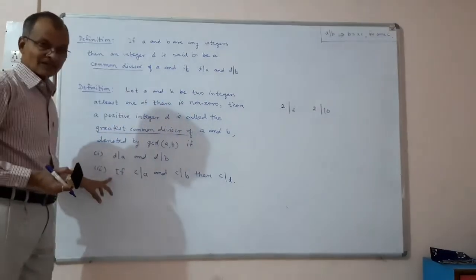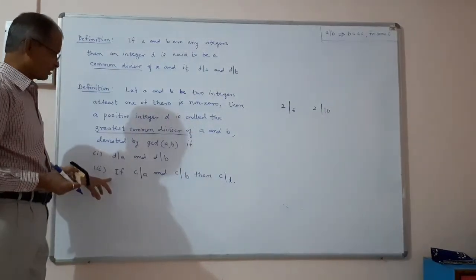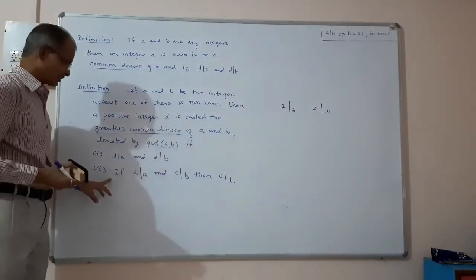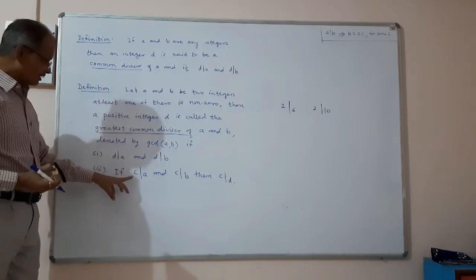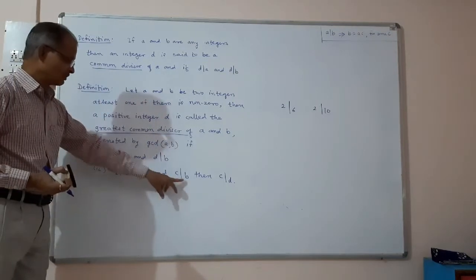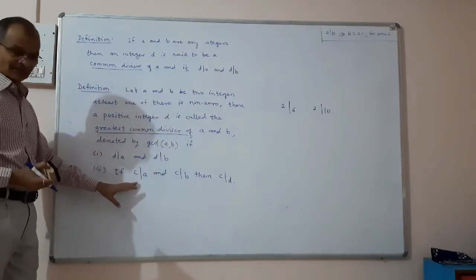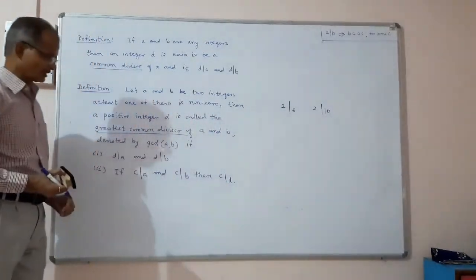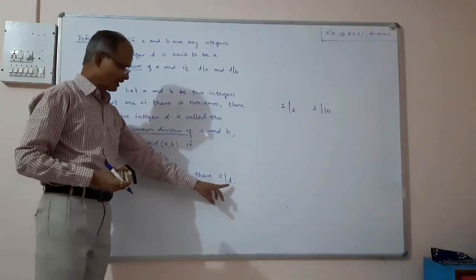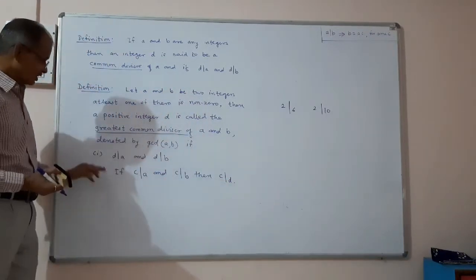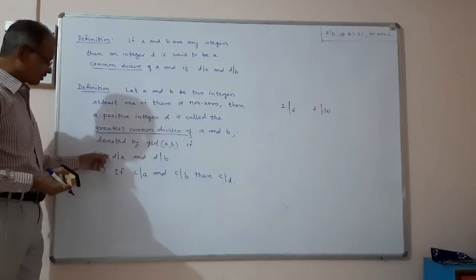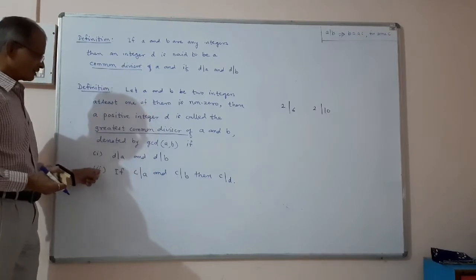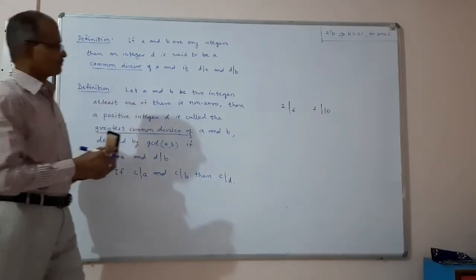And what the second says is that it is the greatest common divisor. Now C divides A and C divides B means C is a common divisor. Then that common divisor divides the greatest common divisor. So two properties are: first it is a common divisor, and second it is the greatest common divisor.